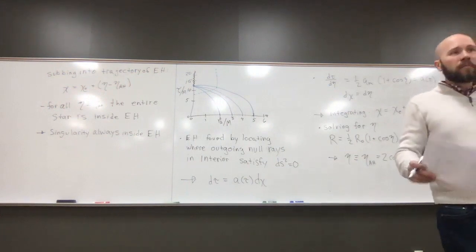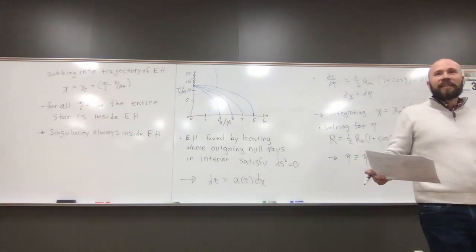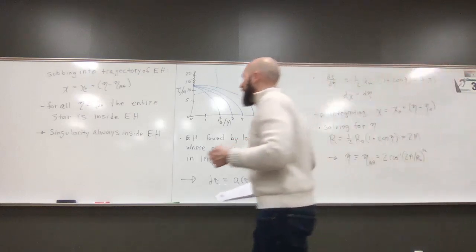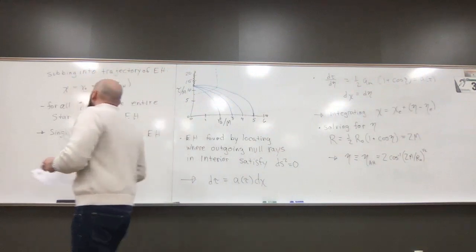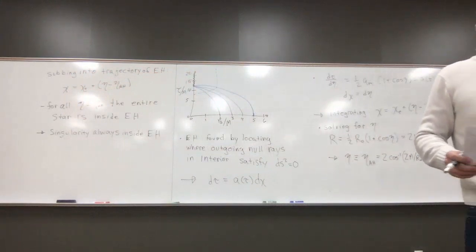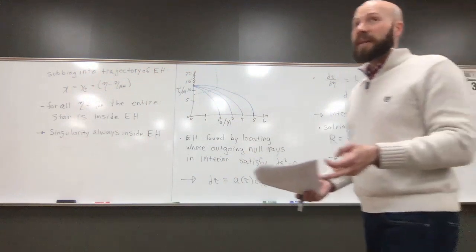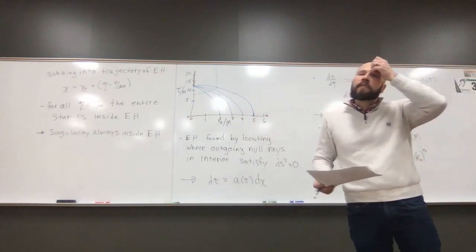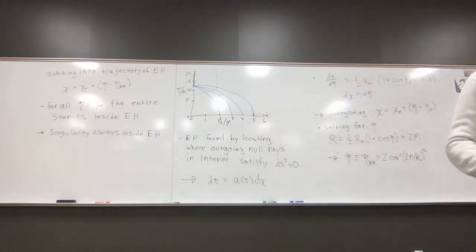Does anyone know what the bumper sticker version of that is? Yes, right. Nature abhors a naked singularity. There is no such thing as a naked singularity. And the caveat to that is from well-posed initial conditions. So you can design space-times that have singularities, but no event horizon. You can do it, but you can't come up with a physical scenario, in this universe, that leads to a naked singularity.